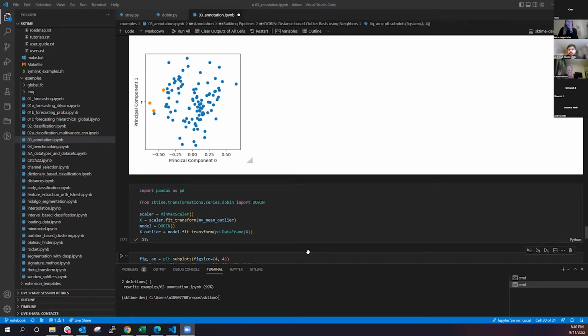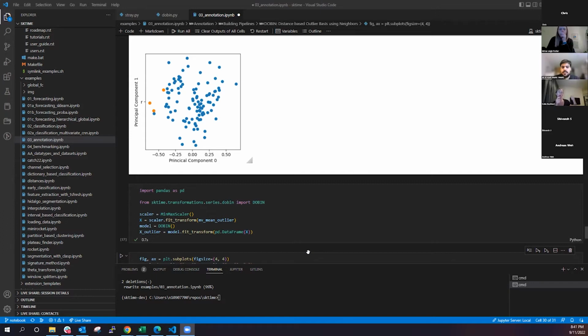I just wanted to highlight them. So at this stage, we haven't identified outliers or anomalies yet. We're just saying, find us a rotation that'll give us the best chance of doing that with whatever technique you choose to then apply. So it could be STRAY that only maybe some of those points would be outliers because only one of those points falls within a particular threshold of distance from the rest of the data.